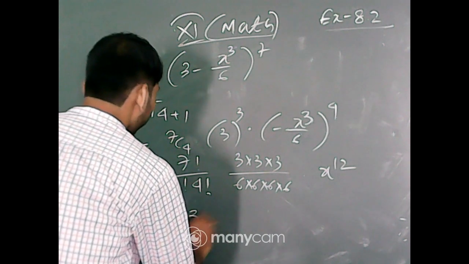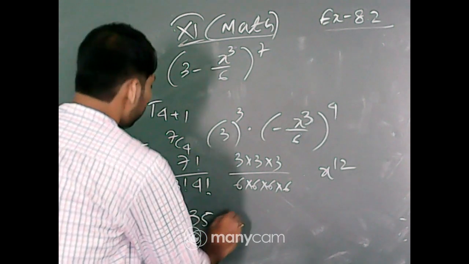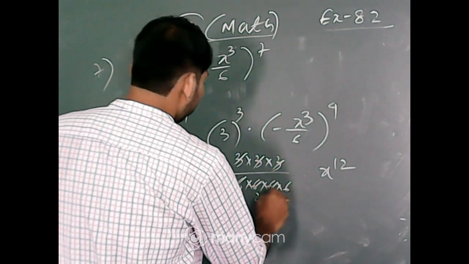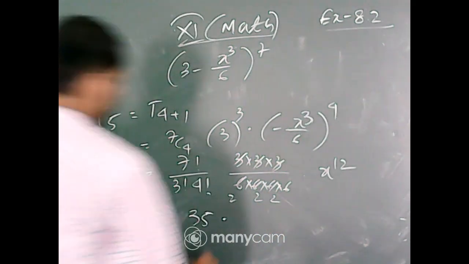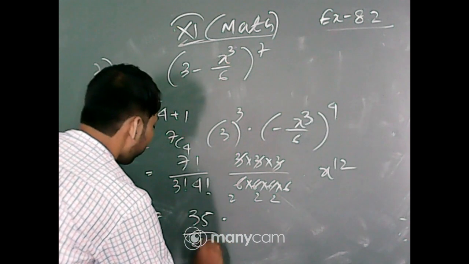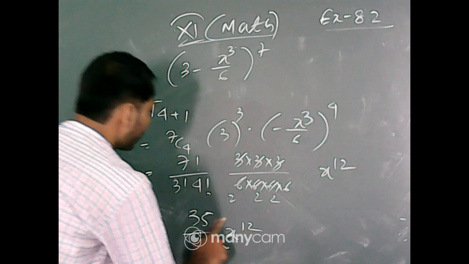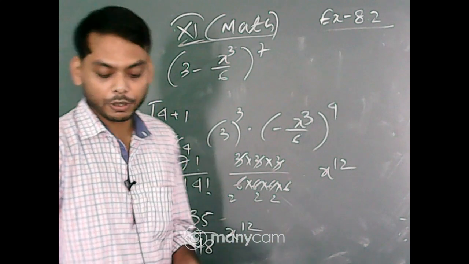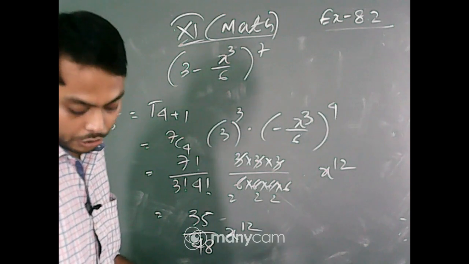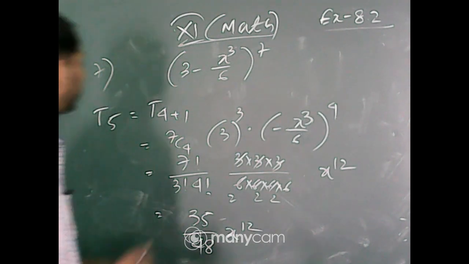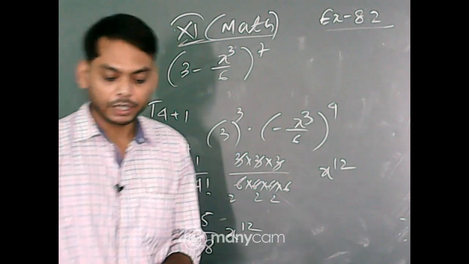It will be 35 into, after cancelling all the 3s, we get 48 in the denominator. So 35 by 48 into x to the power 12. Also the minus will be removed because minus 1 to the power an even number is here. So that's why there is no minus. So T5 is 35 by 48 into x to the power 12.